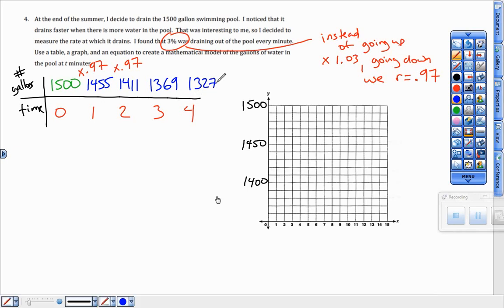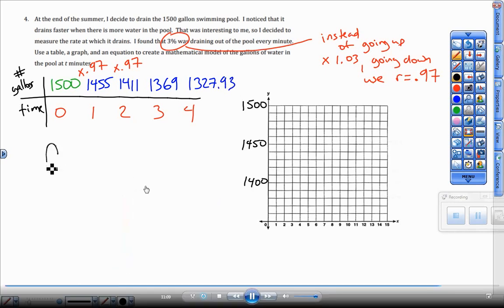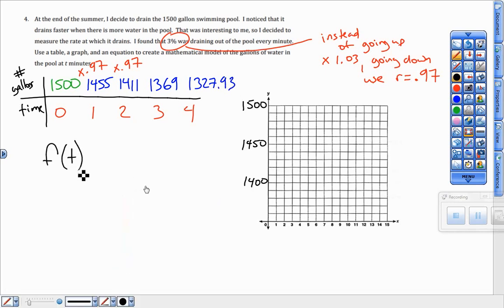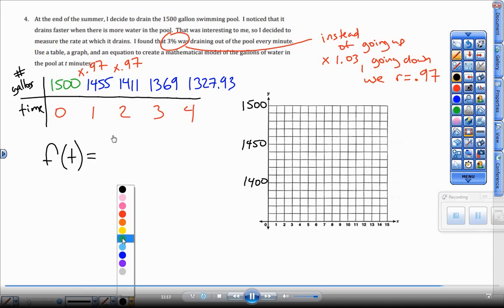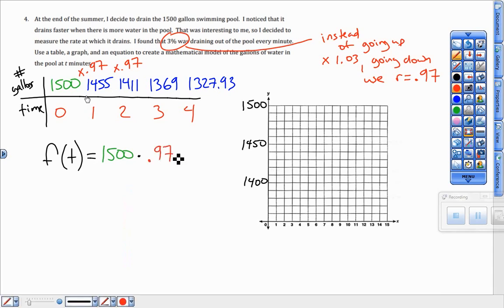This definitely is explicit. The pool is draining every second. So I'm going to use f of t, for t in minutes, is 1500 times 0.97 raised to the x power. The third word is lines. Lines is the third word.